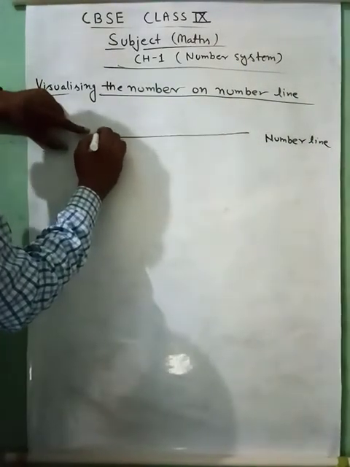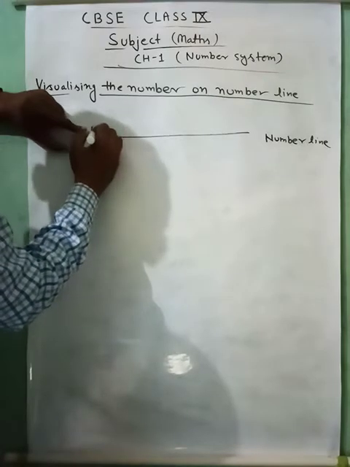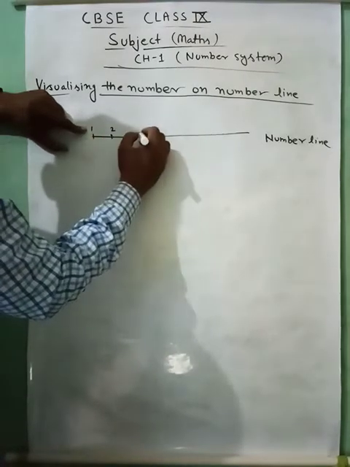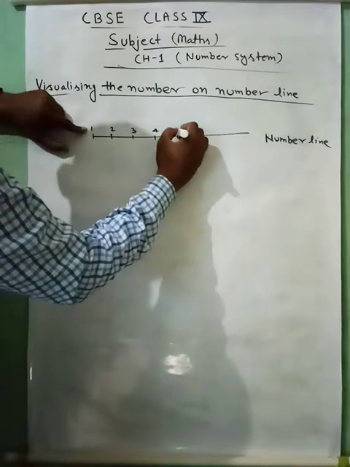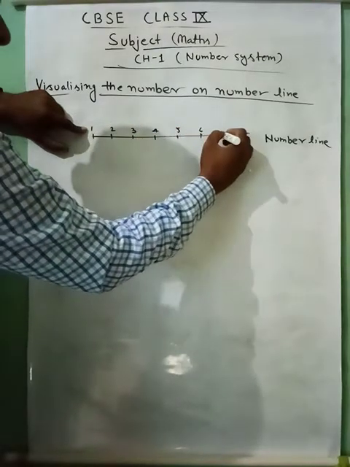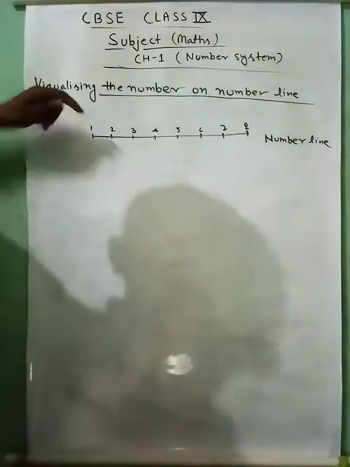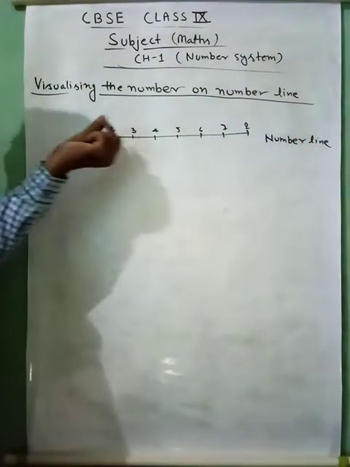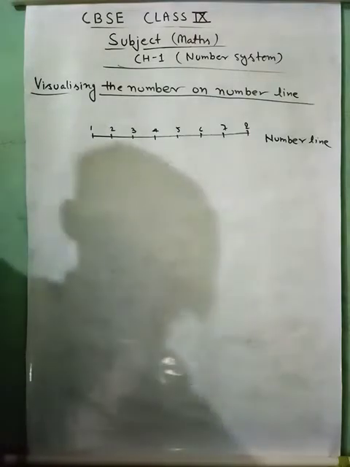Where all the numbers are present, like it is 1, 2, 3, 4, 5, 6, 7 and 8. Suppose it is a number line and these are the numbers which are present on the number line.